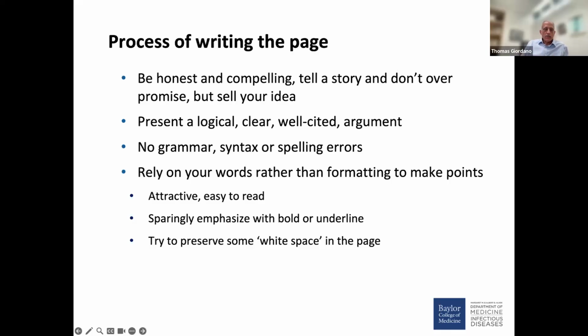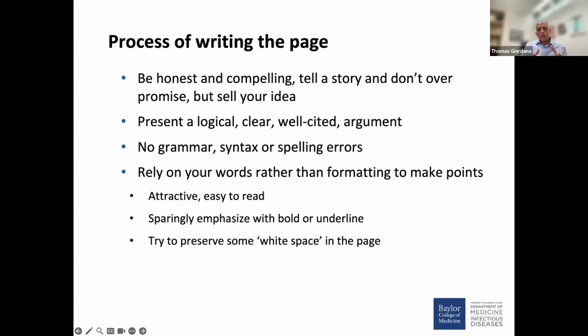So you've got to be honest, but you also need to think about this from the reviewer standpoint and understand what's going to be appealing to them. Don't oversell it. You certainly can't falsify anything, but your reviewers are going to be in the field, but they're not going to be as expert in the area as you are going to be after you write this grant.